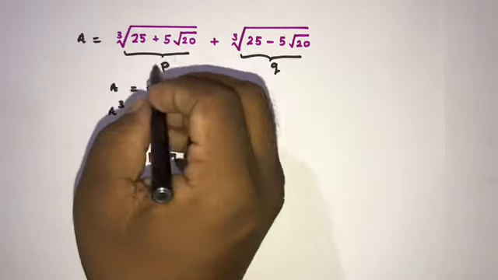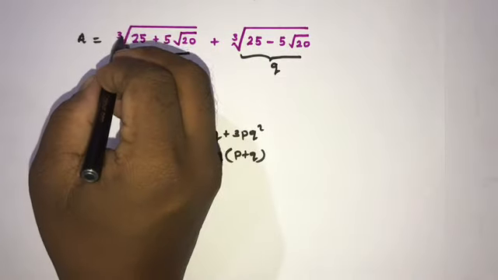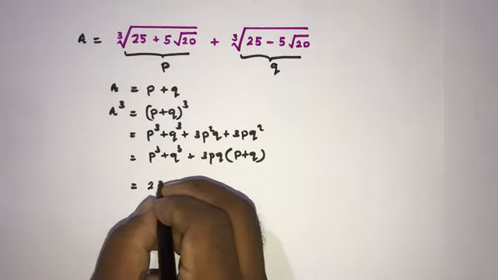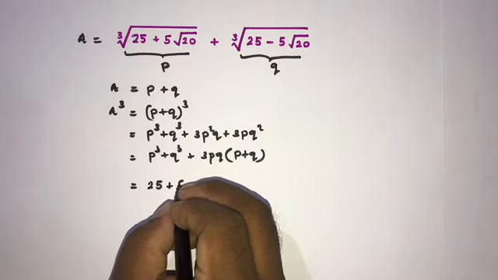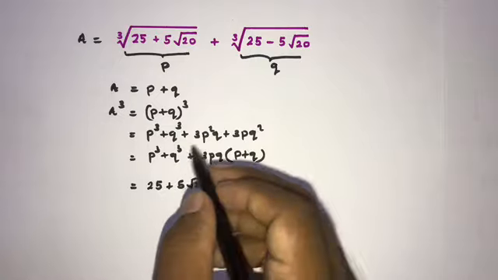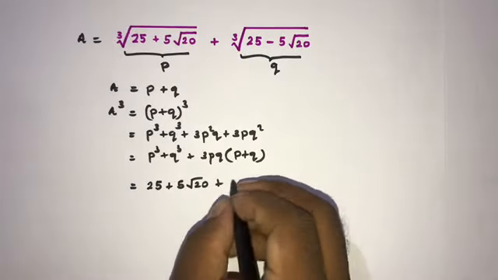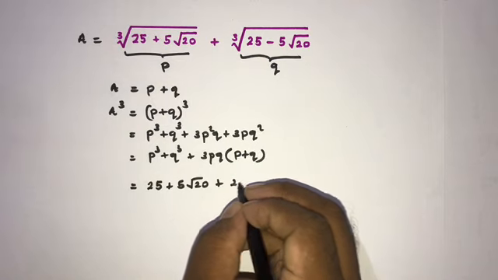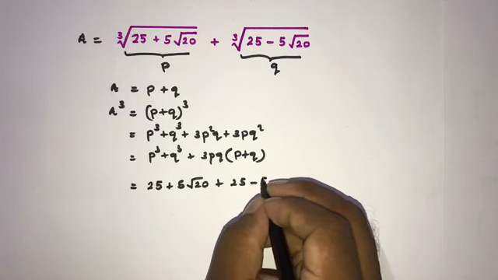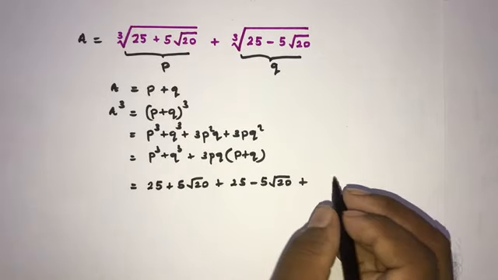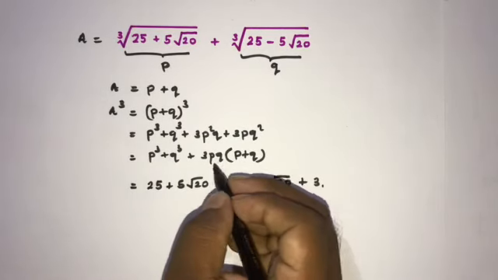If we take the third root, the cube root gets cancelled and we have 25 plus 5 times the square root of 20, and similarly for q cubed, 25 minus 5 times the square root of 20, plus now 3 times pq.